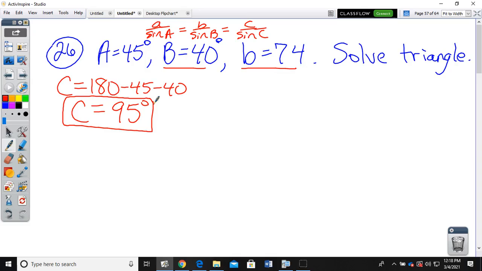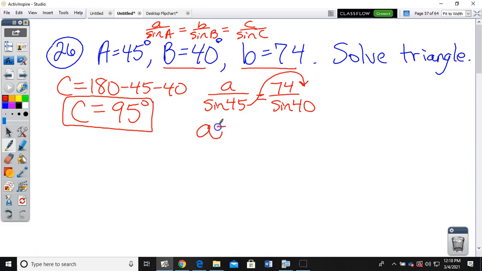So, I'll just do A first. A over the sine of, what is angle A? 45. 45 equals, what's the one we know both of? B. So 74 over the sine of 40. And you literally just take your sine of 45 and move it to the top, behind the 74, and put it in your calculator. 74 sine of 45.